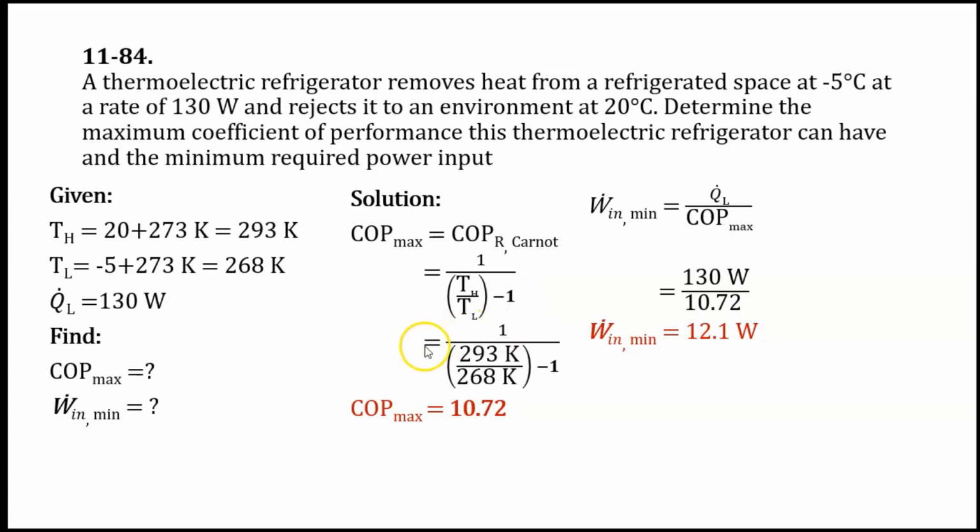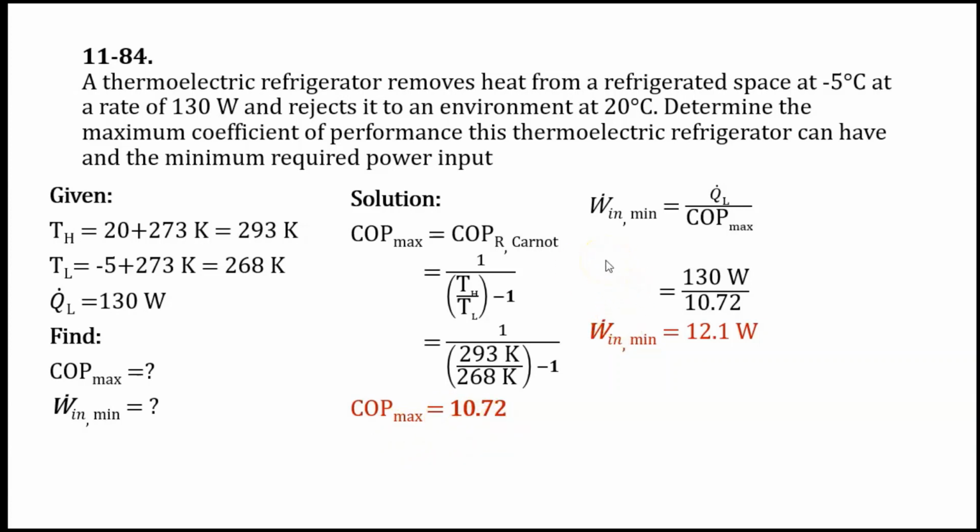So plugging in the values in this equation, we will have 1 over 293 Kelvin over 268 Kelvin minus 1. So this will result in the maximum coefficient of performance, which is equal to 10.72.